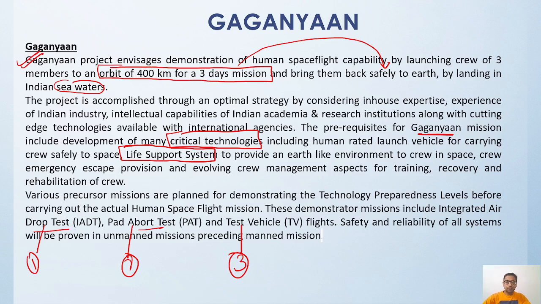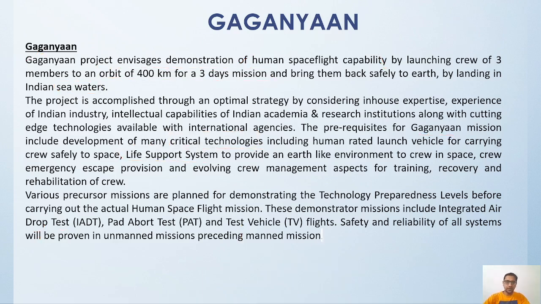Once the unmanned flight becomes successful, then at the fifth stage we will be sending the manned flight. That will be for 3 days, 400 kilometers above the surface of the Earth.